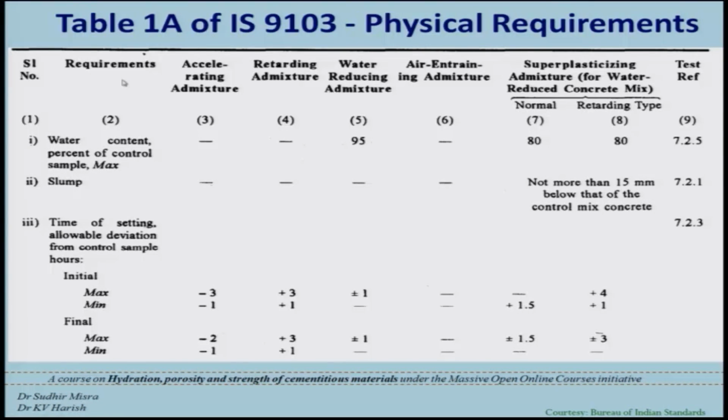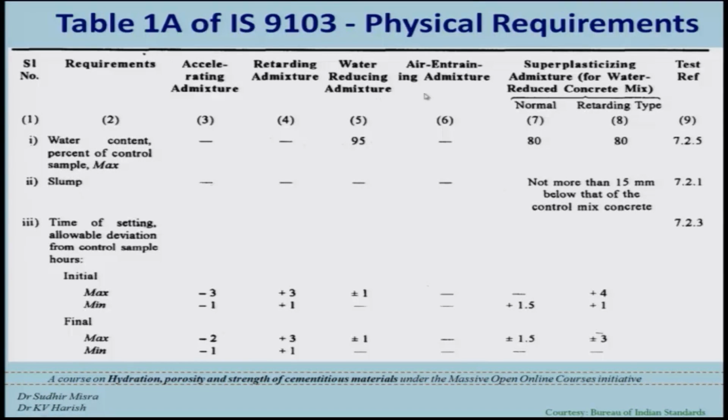In this table, we have water content, which is expressed as a percentage of the control sample, and the maximum value of water content is provided for each of the cases. The second one is slump, and the third one is time of setting, expressed in hours as allowable deviation from the control sample.